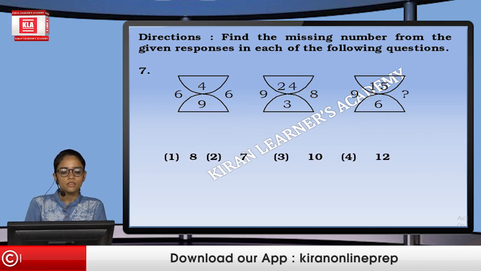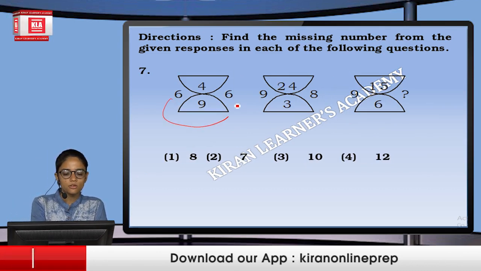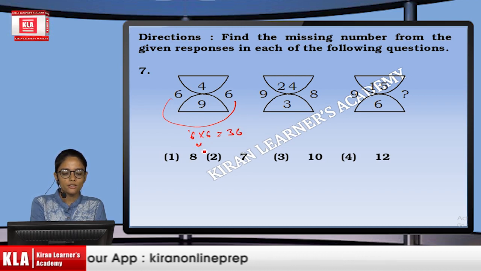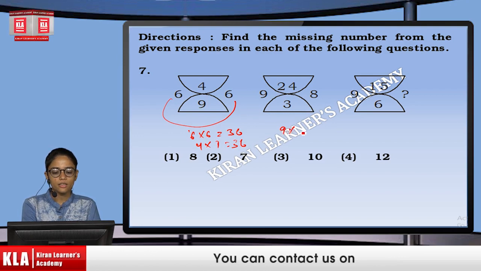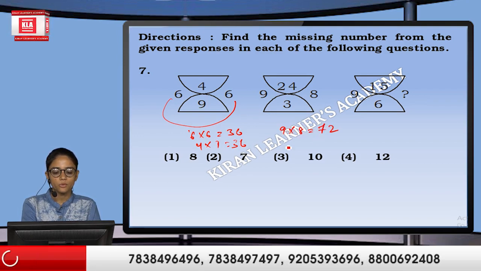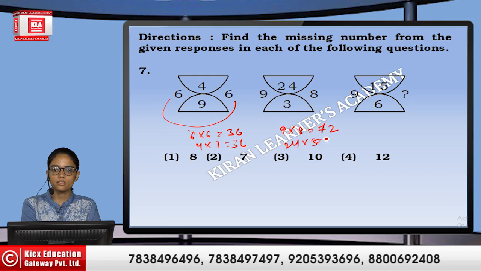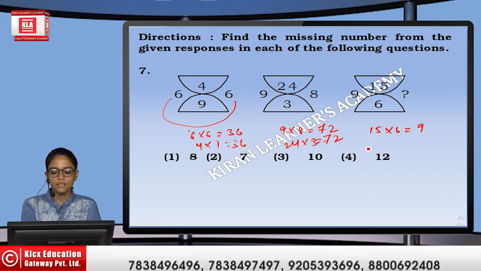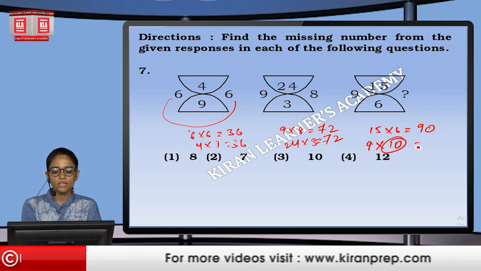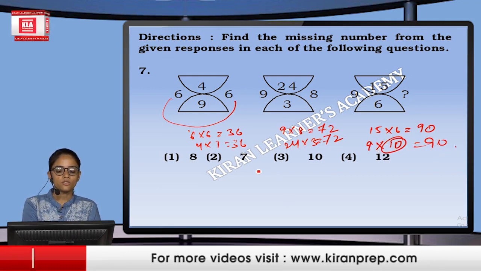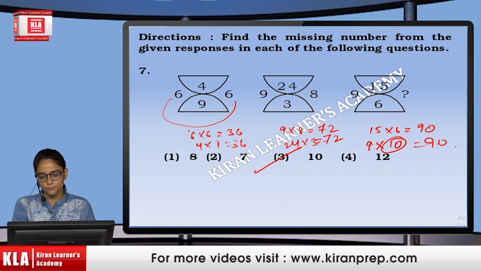Next, see, if we multiply 6 into 6, that will give you 36. Similarly, 4 into 9, again 36. 9 into 8, 72. 24 into 3, 72. Similarly, 15 into 6, 90. That means 9 should be multiplied by 10, so that I can get again the 90. So the option will be the third one.